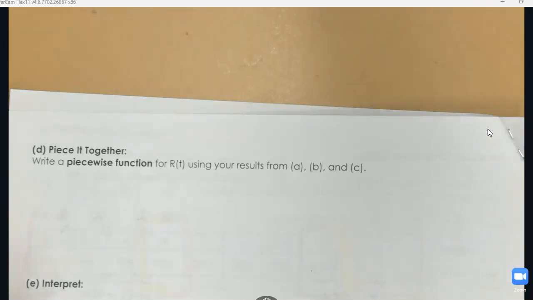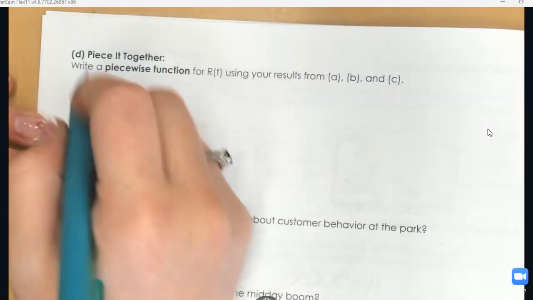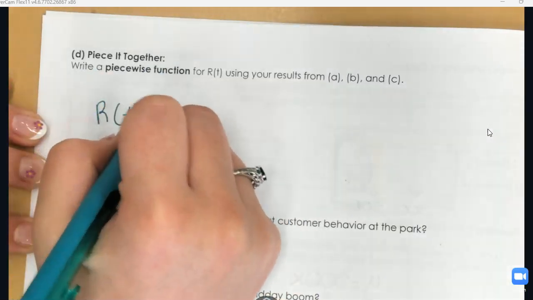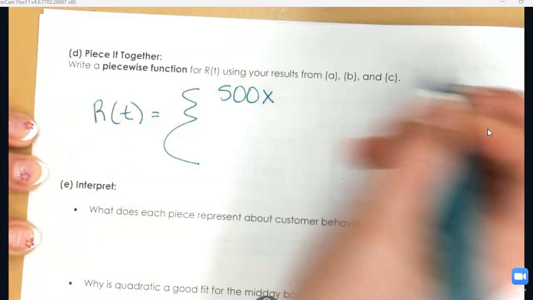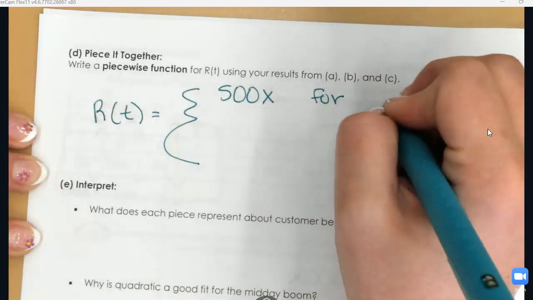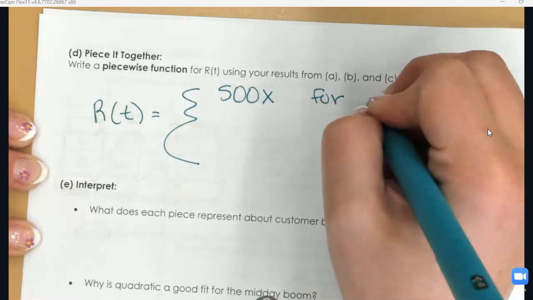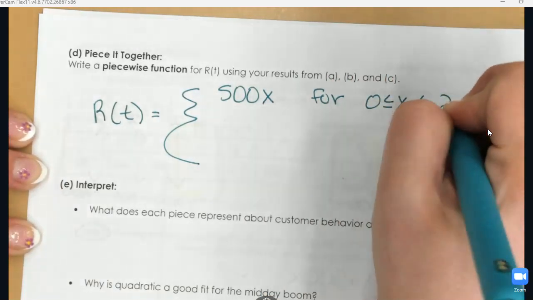So with all that in mind, we can now write this piecewise function on our 3 parts. So R of t, our revenue, is 500x at the start, and that was for x values between 0 and 2.